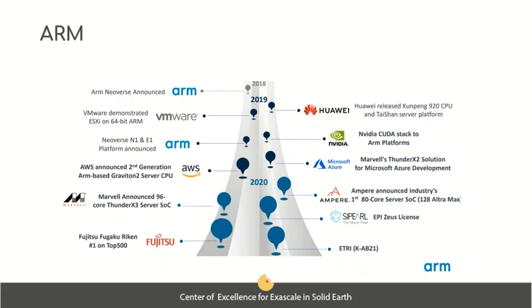What happened last year in the ARM ecosystem? There were several announcements of ARM-based processors from different companies, for example, AWS, also Ampere, Marvell, SiPearl.